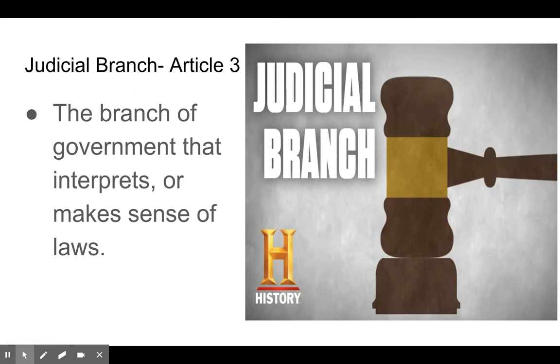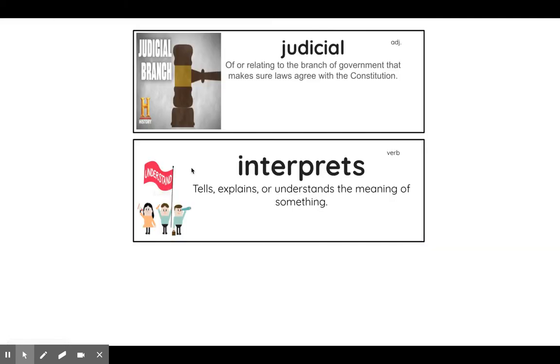Finally, our third branch, outlined in Article 3, is the judicial branch. Judicial, and we should be thinking of the word judge here. This branch of government interprets or makes sense of laws. Now, interpret means to tell or explain, to understand the meaning of something.